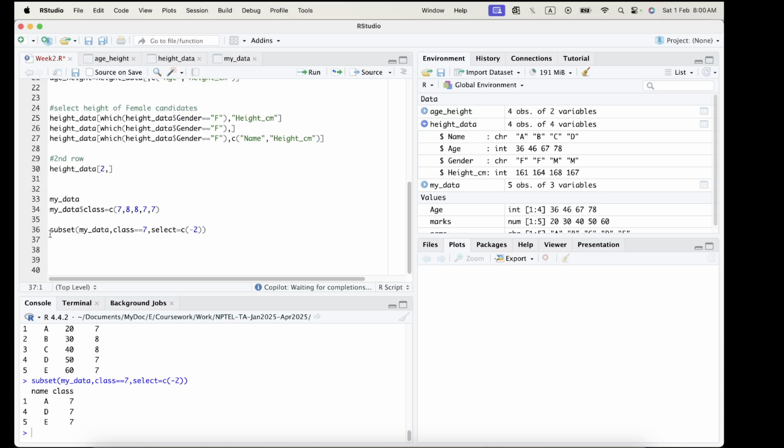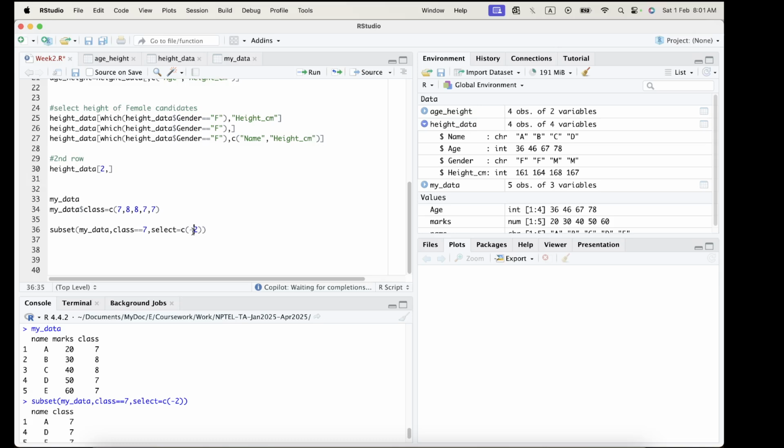So how does this work? First thing I have to specify is my data frame. Second thing is the rows that I want. Class equal to 7 is going to return true or false according to the rows. And then the next thing is the columns that I want.